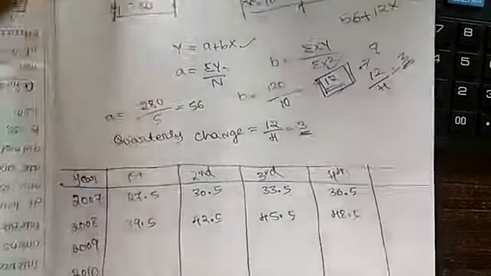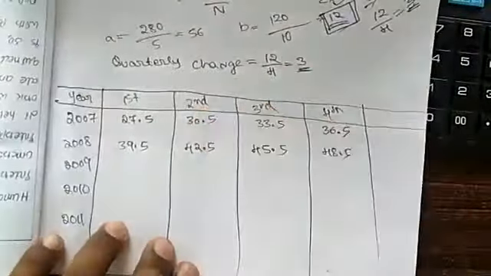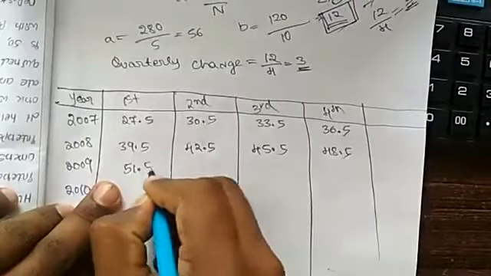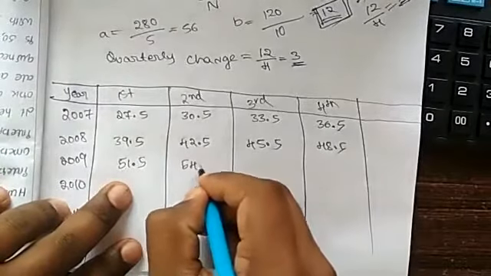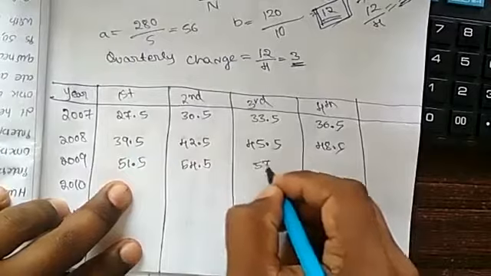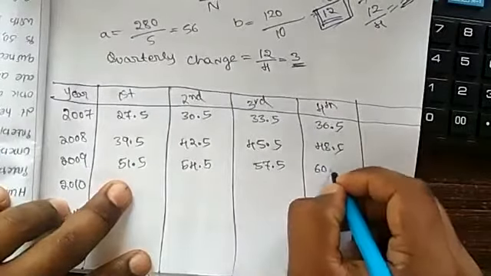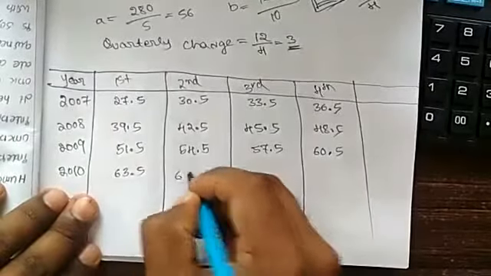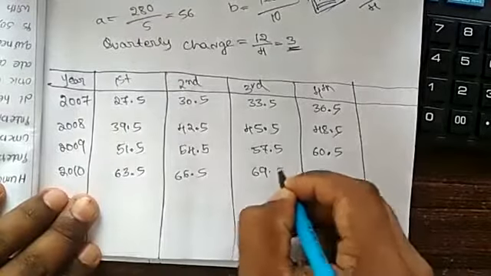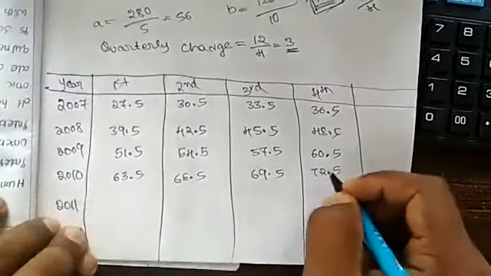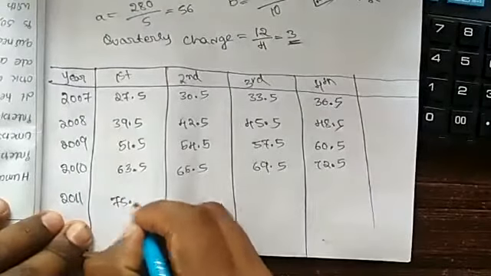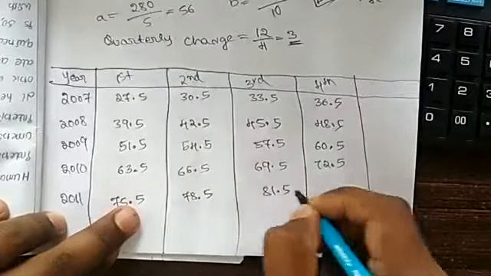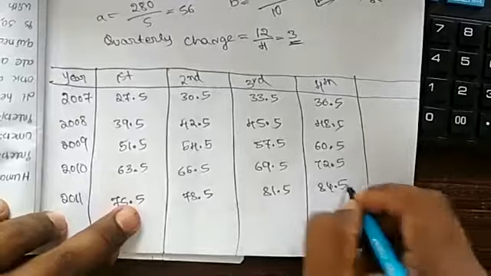Find out for all years. For 2009, that is 51.5, 54.5, 57.5, 60.5, 63.5, 66.5, 69.5, 72.5, 75.5, 78.5, 81.5, 84.5.